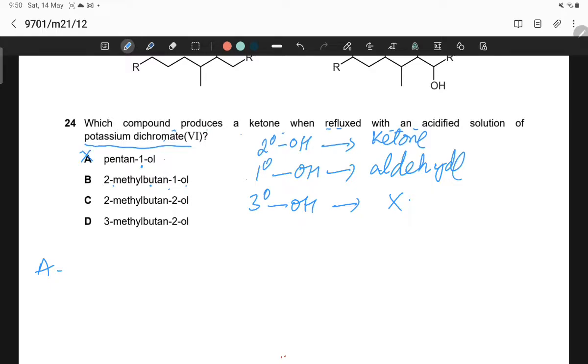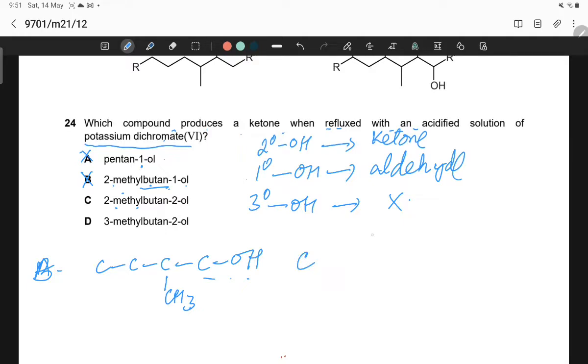Which compound produces a ketone? 2-methyl butane 1-ol, this is B. Let's check. Butane 1-ol, 2-methyl, CH3. So it is also converted into aldehyde. So this is also incorrect.